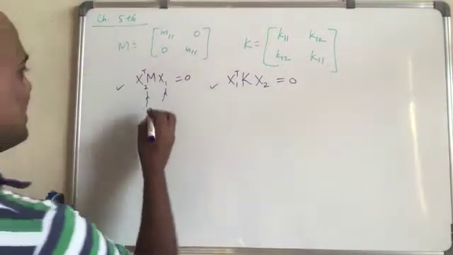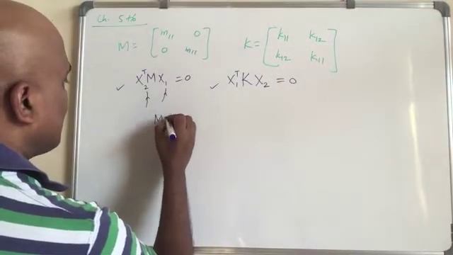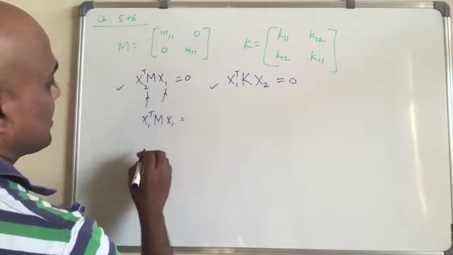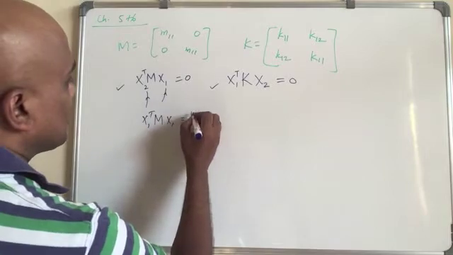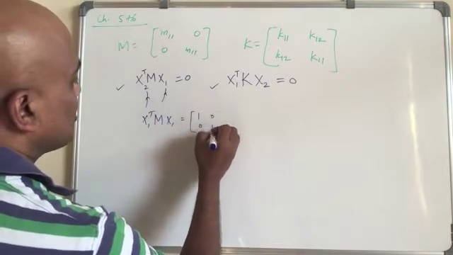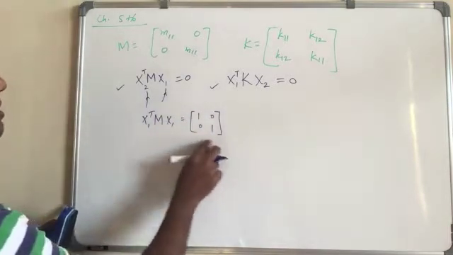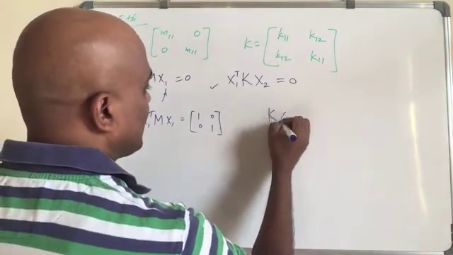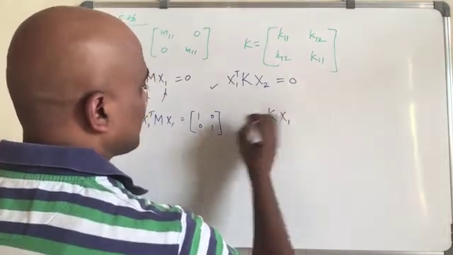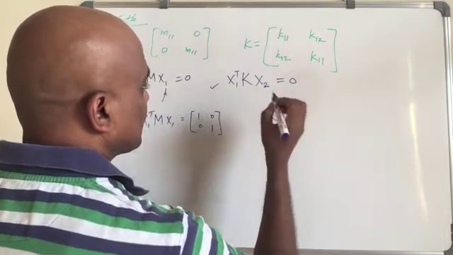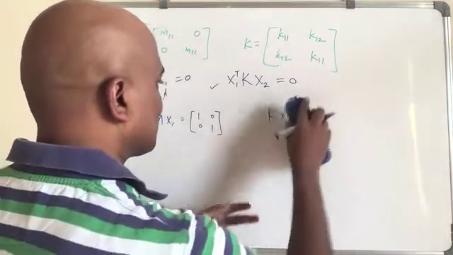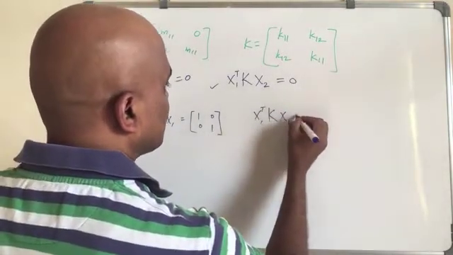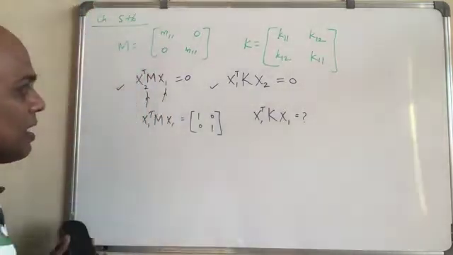Another problem in which I said that x1 transpose M x1 is given, this is equal to like 1 0 0 1. So this is given like this one, and then I'm asking you what will be the value of this x1 transpose x1.